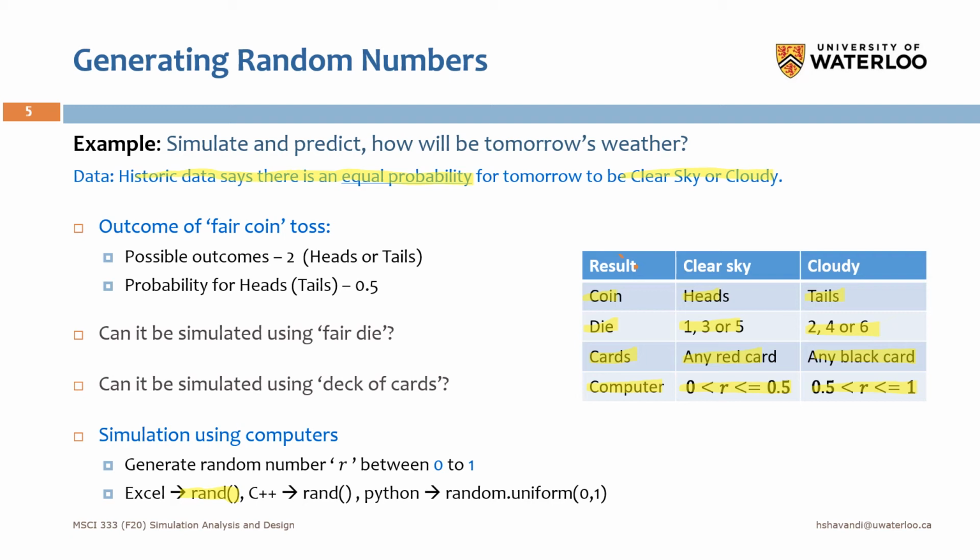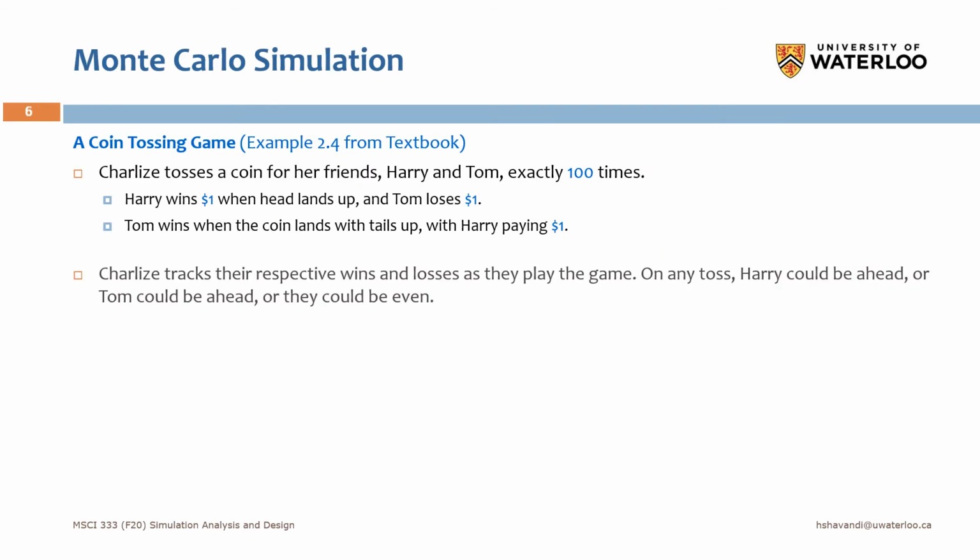So let's have an example here, a Monte Carlo simulation, which is called a coin tossing game. In this game, Charlotte tosses a coin for her friends Harry and Tom exactly 100 times. Harry wins $1 when heads lands up, and Tom loses $1.